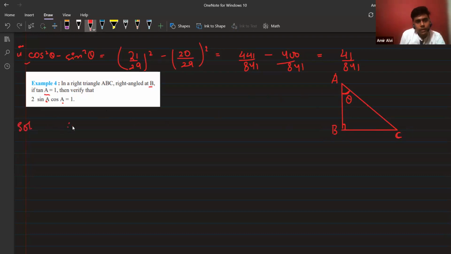We are given tan A is equal to 1. Tan A is equal to 1. So if tan A is equal to 1, what can we do? Guys, are you getting my point or not?